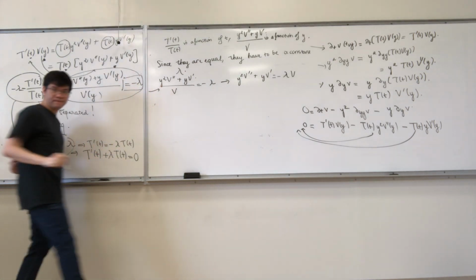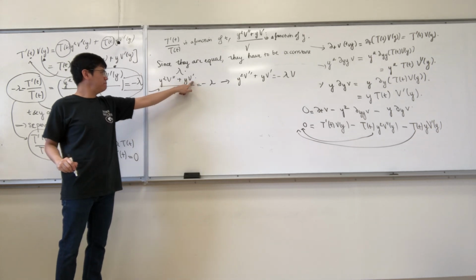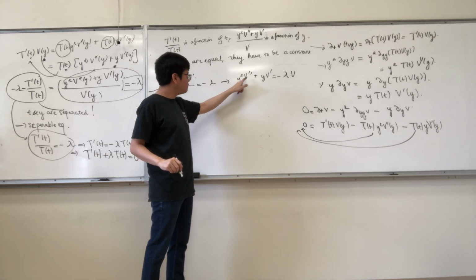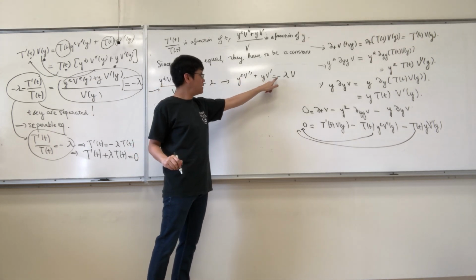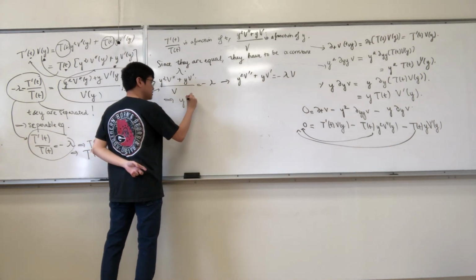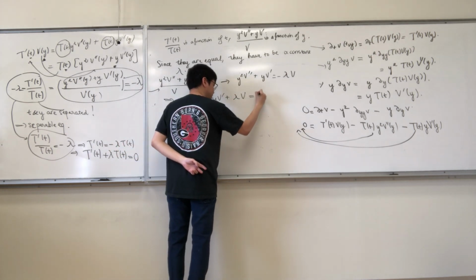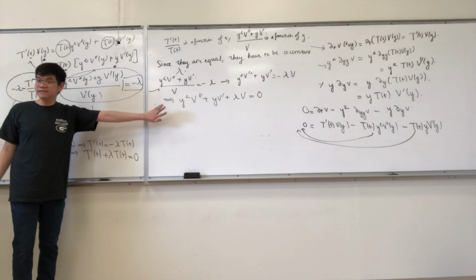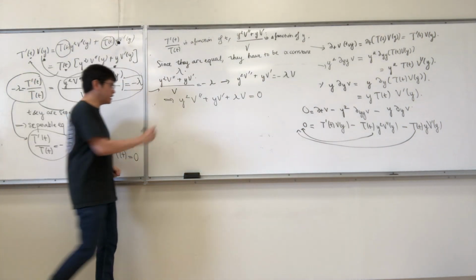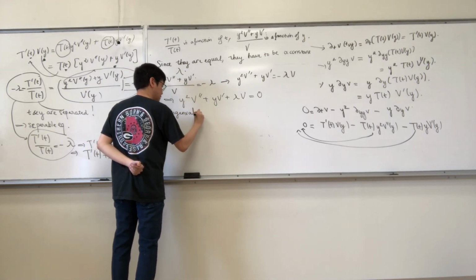So you have y squared v second plus y v prime over v is minus lambda, which means that you have y squared v second plus y v prime plus lambda v is 0. So this is an eigenvalue problem that we solved before, right? This is an eigenvalue problem.